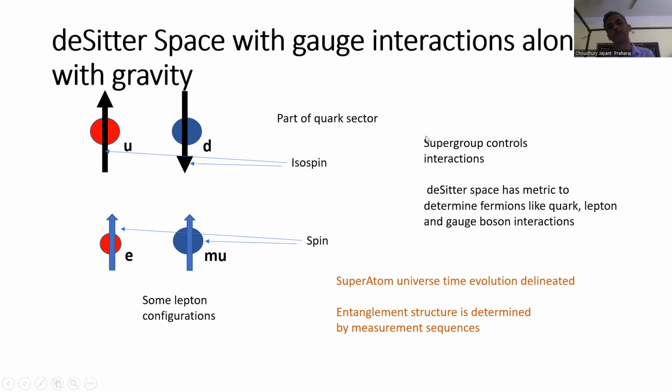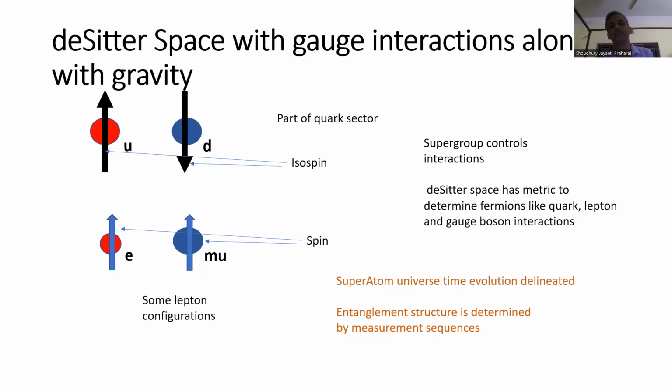You can have a supergroup, which controls interactions in this quantum field theory, and you can study time evolution. Of course, you need knowledge of states, or at least sectoral parts of knowledge of states, and then this is a time evolution where you have signals traveling with maximum velocities like the speed of light.